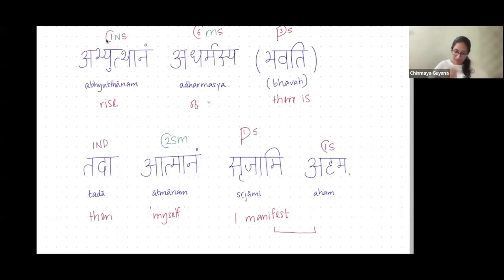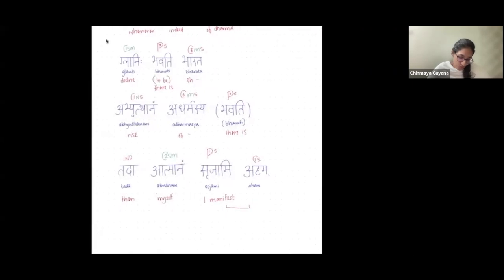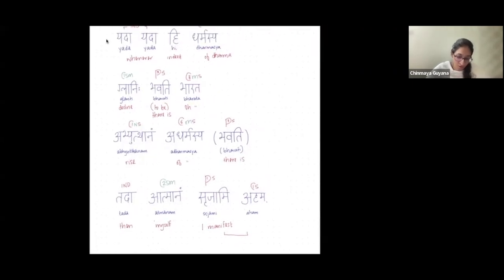So now see. There is a rise of adharma. Then I manifest myself. So now you see the whole thing together. Whenever indeed, of dharma, there is a decline, O Bharata.